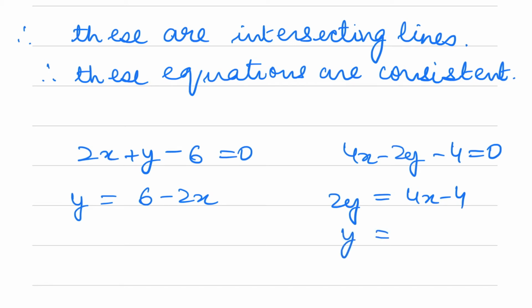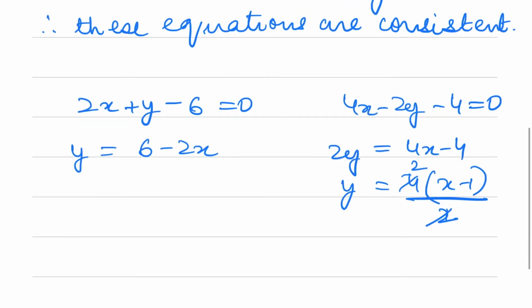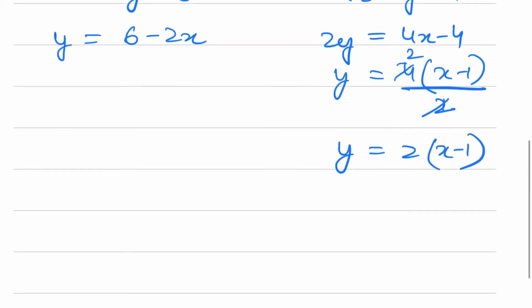and y is equal to, 4 I can take common, x minus 1, and divided by 2. So this will be 2. So y is equal to 2 into x minus 1. Let's find out the coordinates.